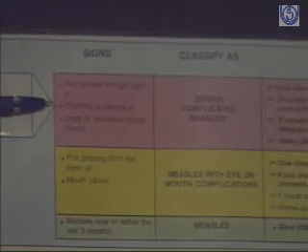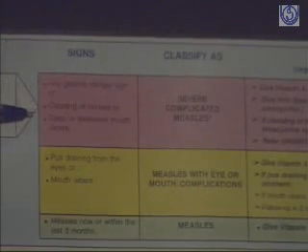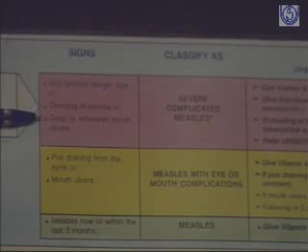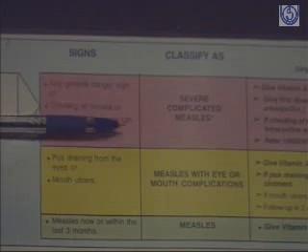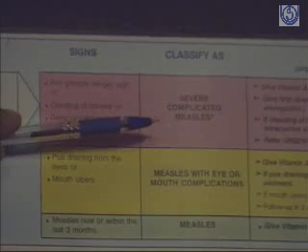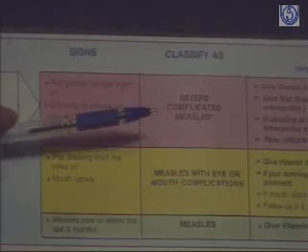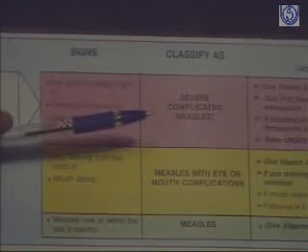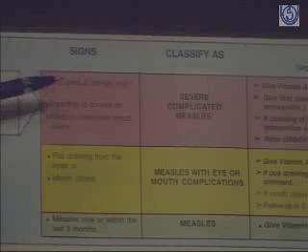And if we just see the classification of the measles, again remembering the principle of starting from the top: any general danger signs present, clouding of cornea, or deep or extensive mouth ulcers, the classification is severe complicated measles, because we all know that deep extensive mouth ulcers become a severe illness, and the baby has difficulty in taking feeds, and this baby has to be referred to the hospital.